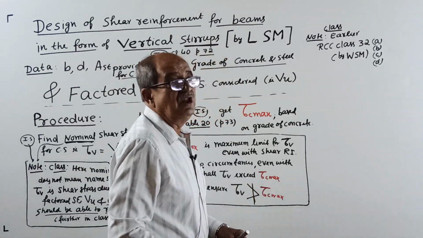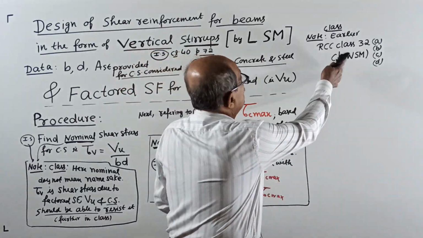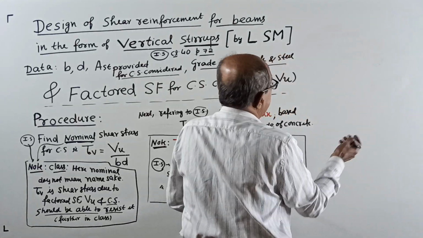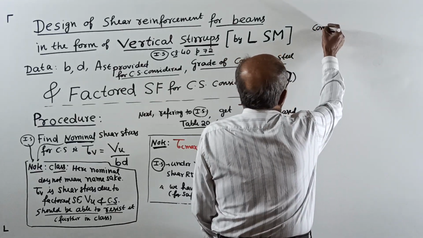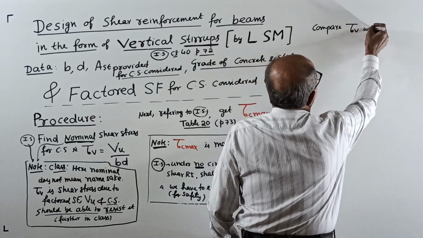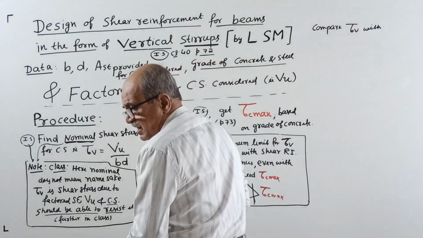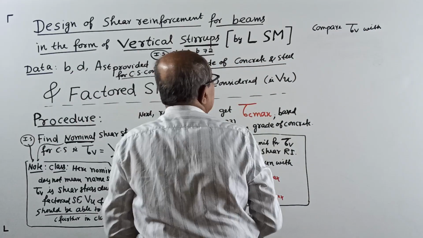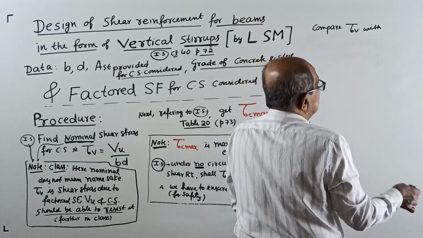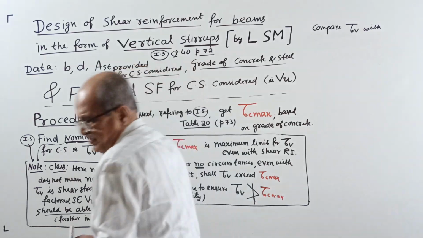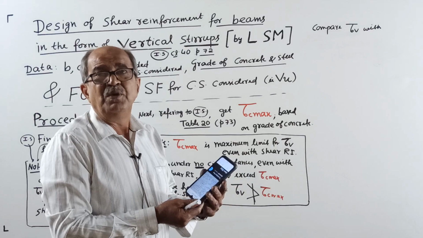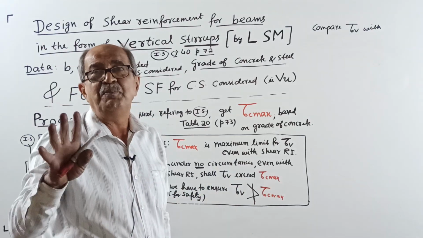One minute now. I will make everything clear once again. Next step, I will write here: compare whatever tau V you got with the danger number. See, tau C max is the danger number. All these statements I wrote exactly by seeing the photo, because that is written by me only, it is not copying.